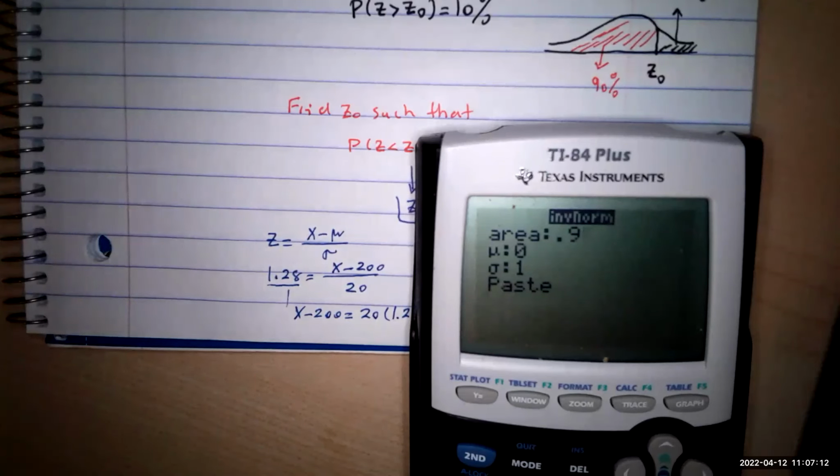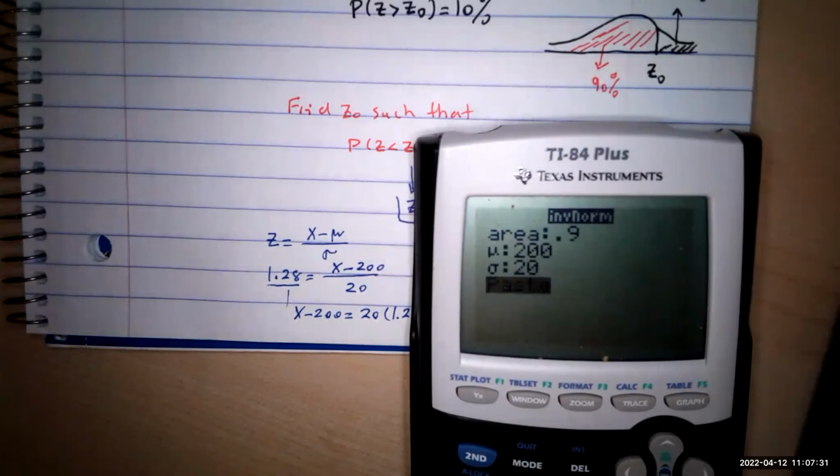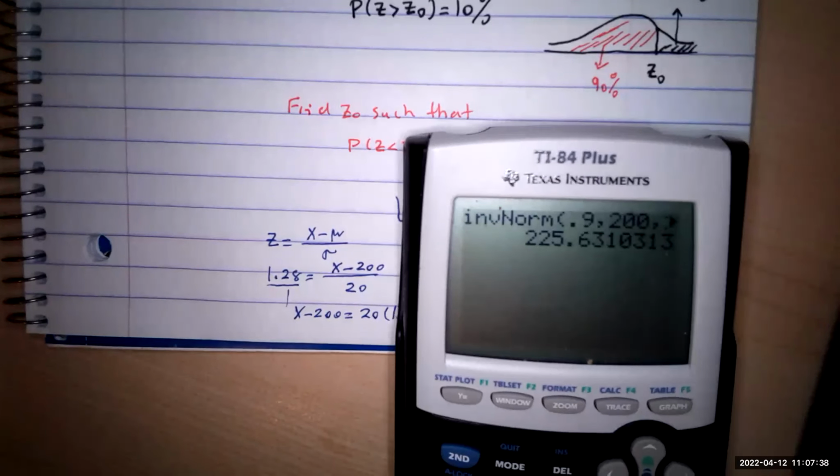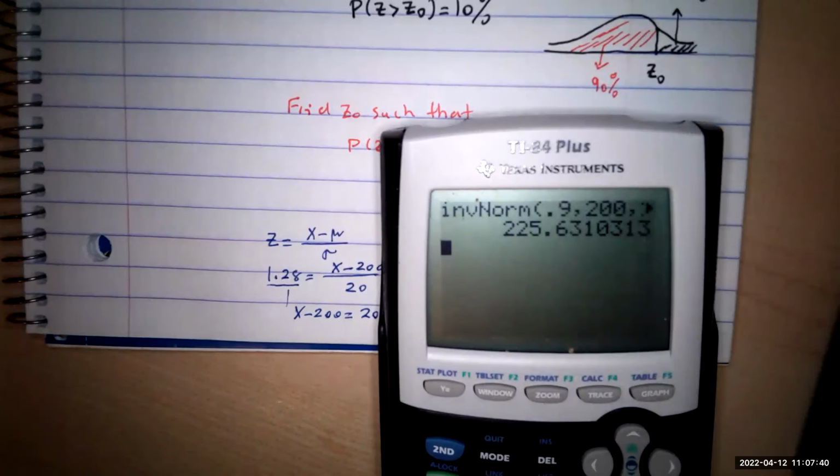And the mean in this case was 200. So that's a mean of 200, and the standard deviation of 20. Okay, go to the paste, and then we paste it for us. That's it. Now click again. So that gives the number. You see, this is the X number directly.